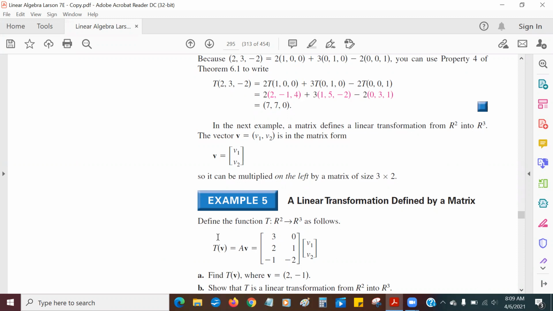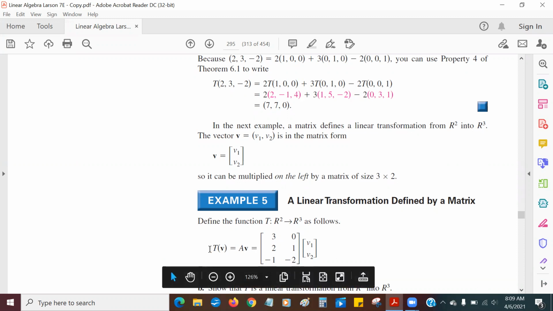And now what is the particular function? The particular function is the matrix A times a vector v. So I have my vector v1, v2 in R2. This guy here is my matrix.